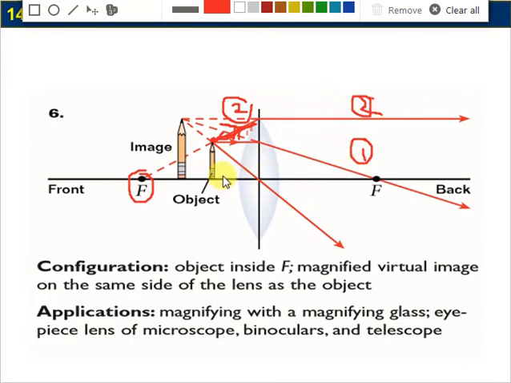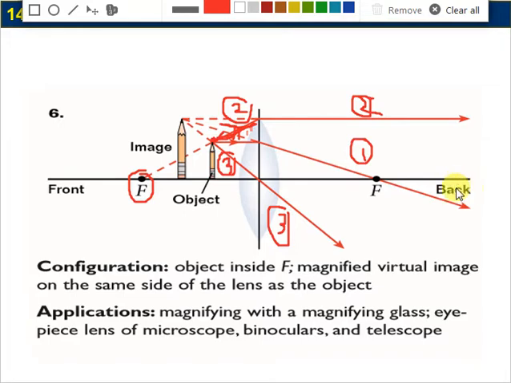The third, what is the third? We said, girls, any ray that passes through the center of the lens, the optical center, it will continue without any refraction. So this is the easiest ray, I think. This is the third refracted ray. So girls, here when you compare these rays together, you can notice that they can't meet, these rays, even if you extend them.